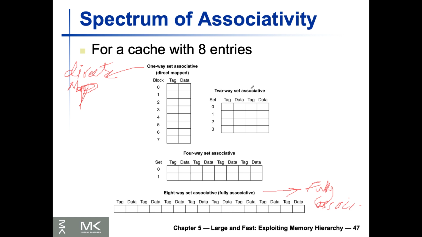On 2-way set associative, you have 4 sets, set 0 up to 3, right? So you have 4 options to place the block. And each of those have tag data, okay? Because you're still having the same size of the cache, you're distributing it differently.